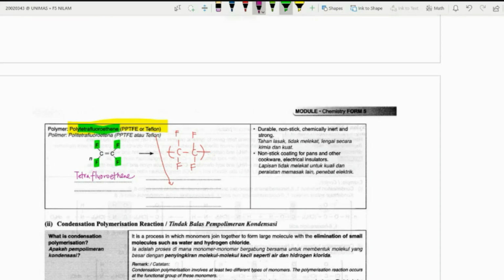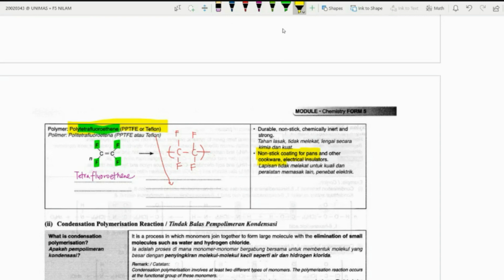So where do we see this type of Teflon? It's the non-stick coating for pans or other cookware, or in electrical insulators. So normally we will see Teflon there, non-stick ware. Tetrafluoroethene, yes, Michelle, correct. Class, is that okay?